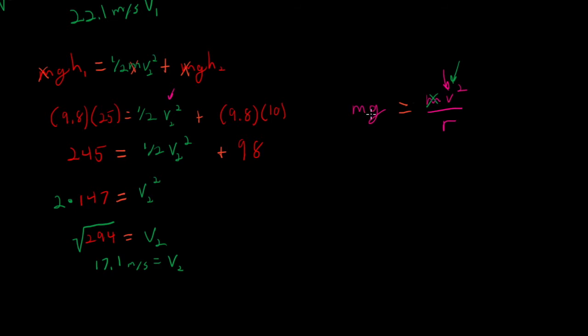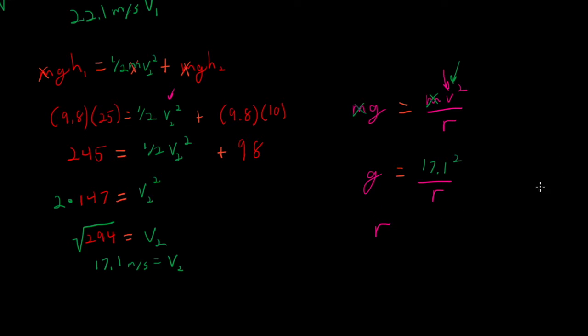In this problem, my masses also cancel out, and so I'm left with g equals 17.1 squared over r. And I'm solving for r. So let's move r to the other side, and let's bring g down underneath.